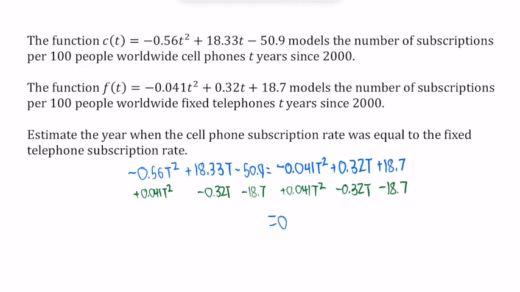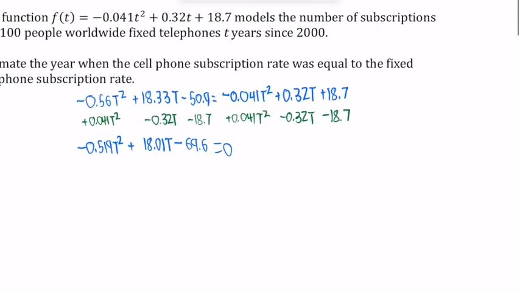On the left side, negative 0.56 plus 0.041, we have negative 0.519t squared, and then plus 18.01t, minus, let me make sure I calculate this right, 50.9 plus 18.7, minus 69.6. Now we've got everything on one side equal to 0.